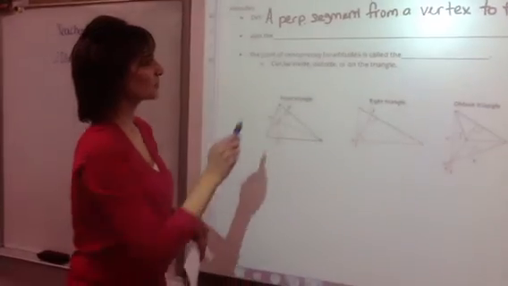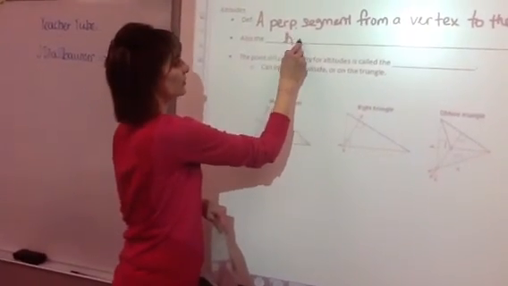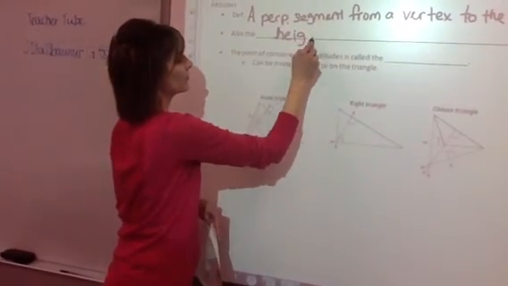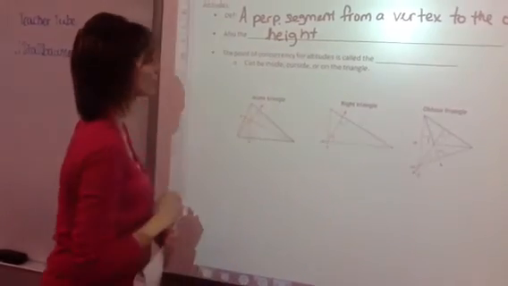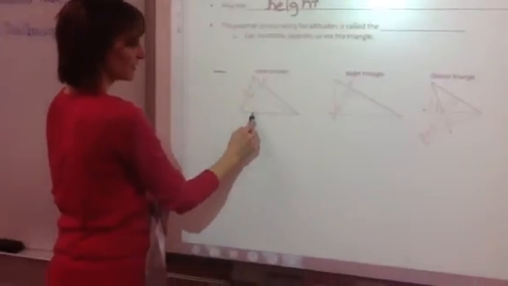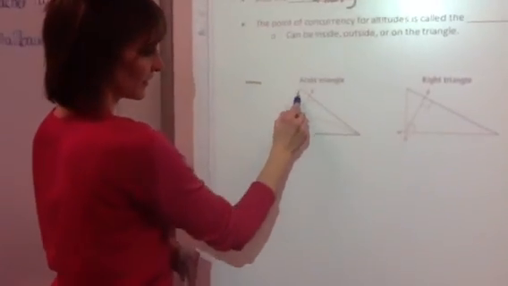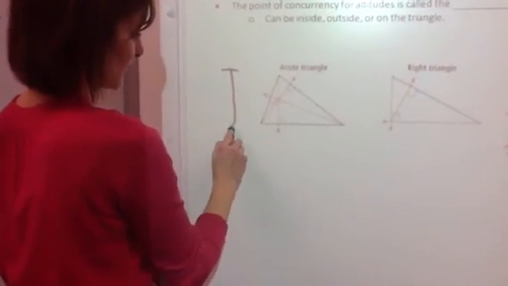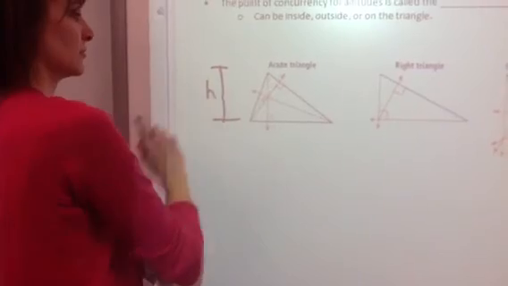The altitude will show the height of a triangle. Okay. So here, if I want to know how tall this acute triangle is, this is the altitude, and that's what you would use to show the height.